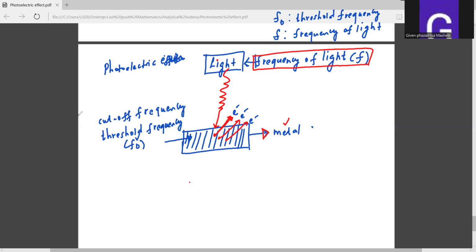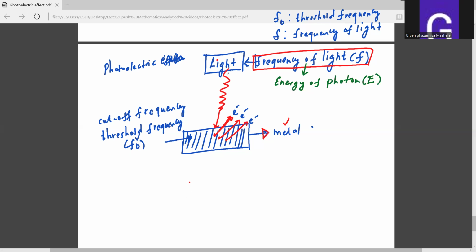The energy needed from the light is called the energy of the photon, denoted by E. The energy of the photon is the energy supplied by the light, not by the metal, but the light.